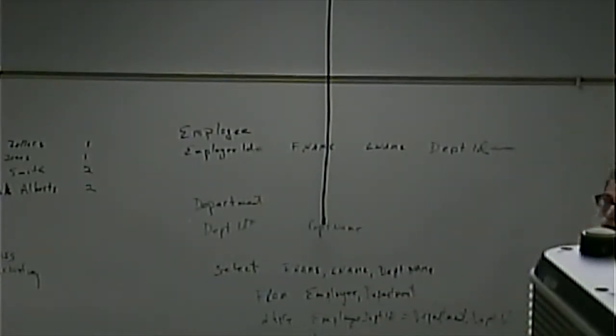All right? Now there's a little bit of a difference here. A list of columns is separated by commas, and a list of tables is separated by commas. There's a little bit of a difference here because I can refer to a column two ways, just like I could refer to people in the classroom two ways. All right?